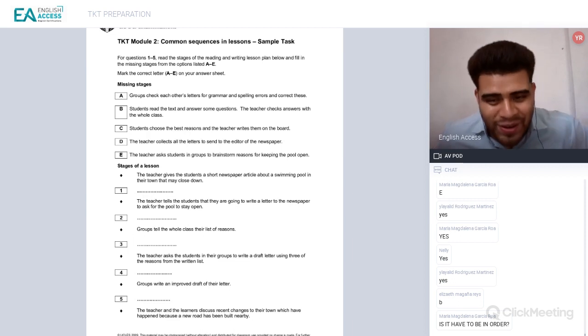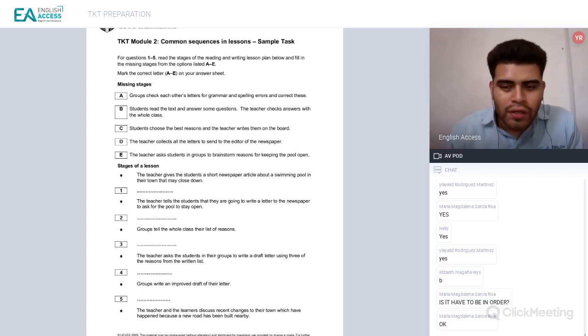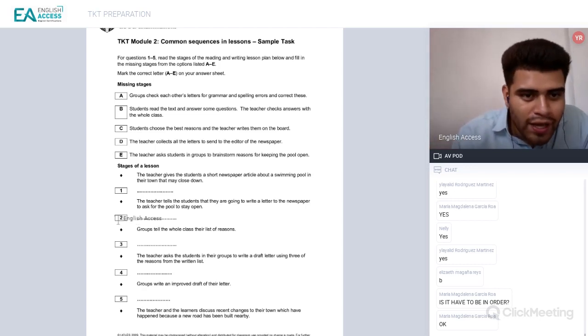Yes, it has to be in order. It has to be like the correct flow. Number one is B, as Elizabeth said. It can't be E because number two is E.